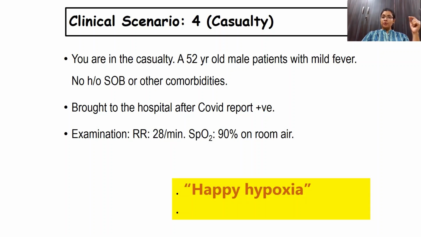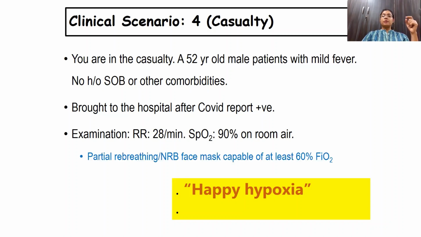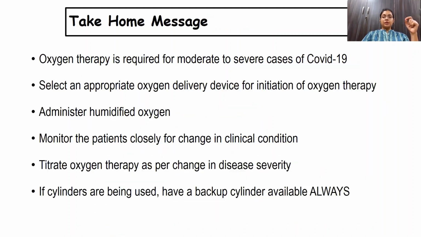You must have encountered this in your practice in the past waves and you will always encounter such patients. So keep this in mind and this patient should be given at least a non-rebreathing face mask or a partial rebreathing face mask immediately so that his saturation improves to 92 to 96%. Keep monitoring the SpO2 levels.